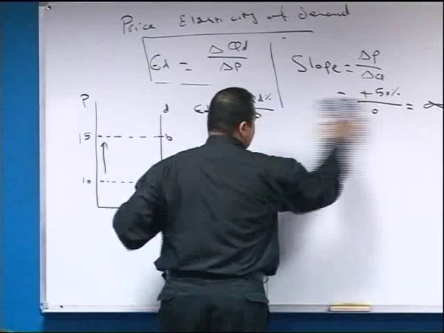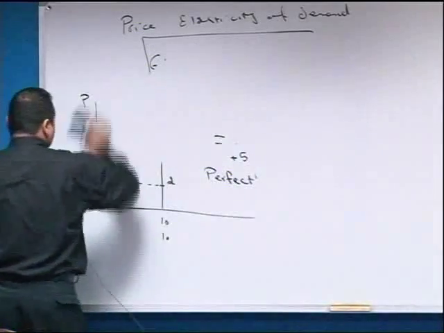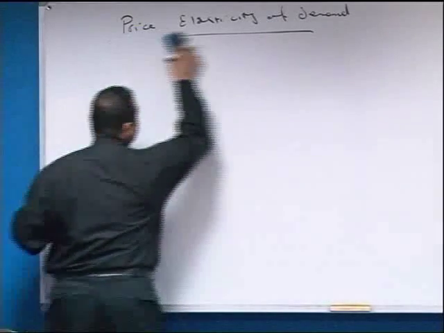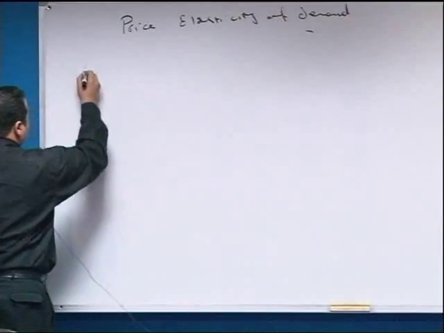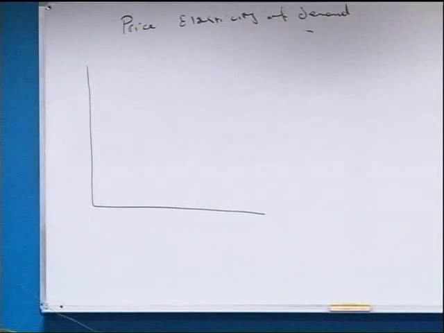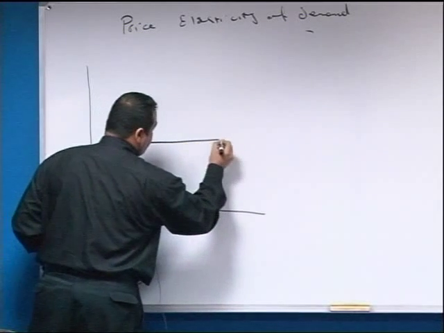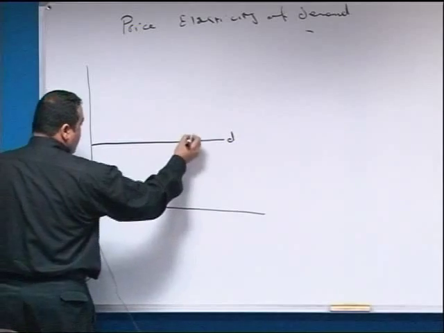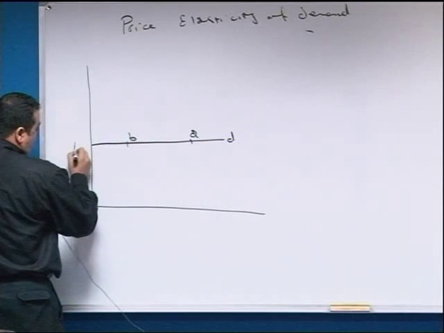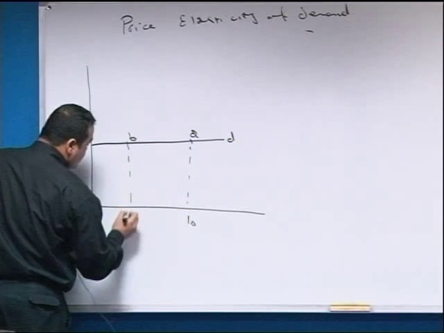Let's go to the last case. If the demand curve is perfectly elastic, or a horizontal line, this is the demand curve. A, B, P, 10, 10, 7.